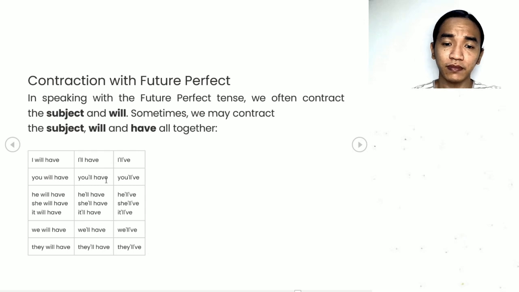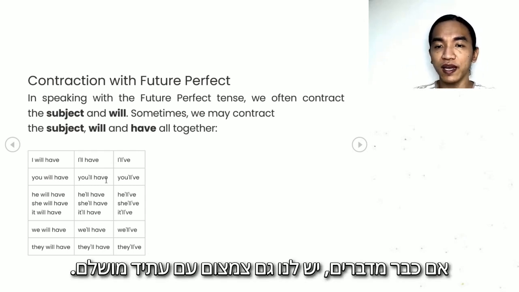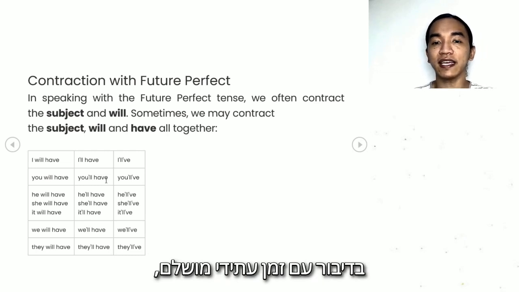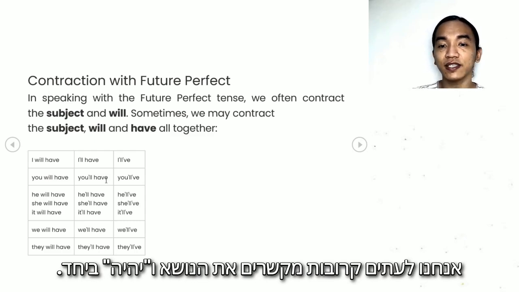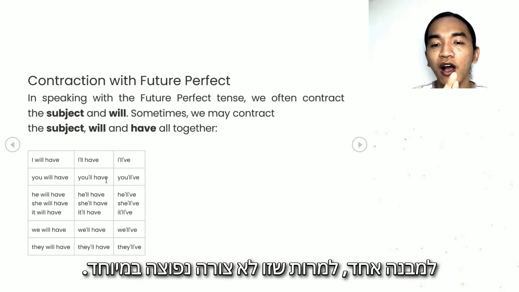Next one. Speaking of, we also have the contraction with future perfect. So when we say contraction, this is the short form. In speaking with a future perfect tense, we often contract the subject and will together. Okay? Sometimes we may contract the subject, will, and have all together, although this is not a very common form.